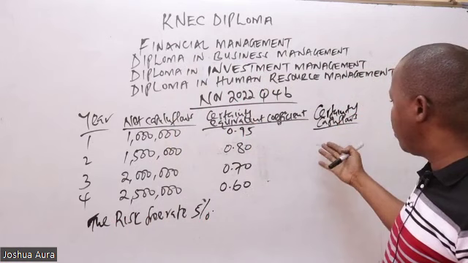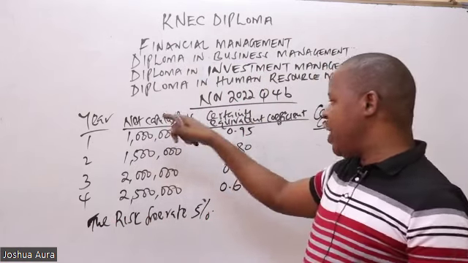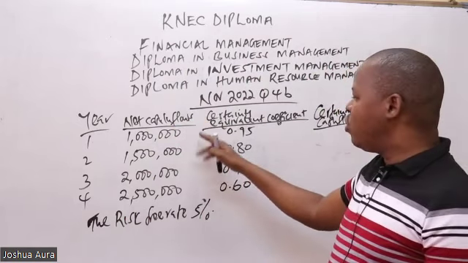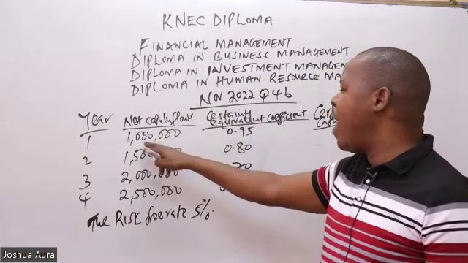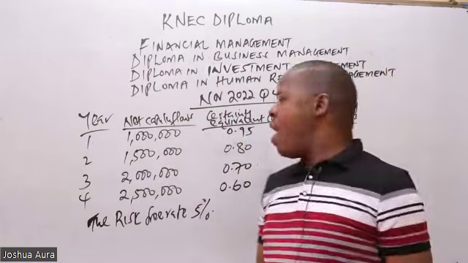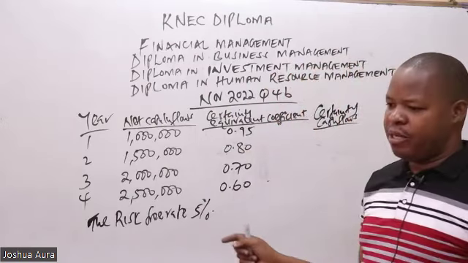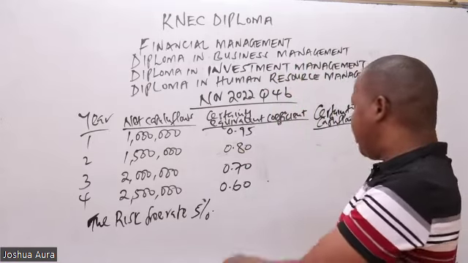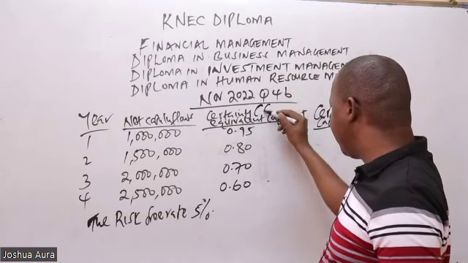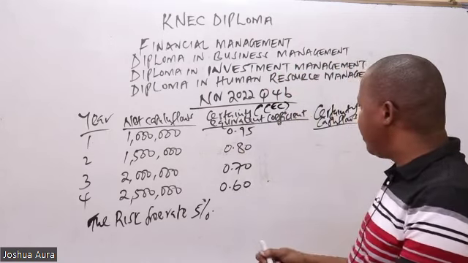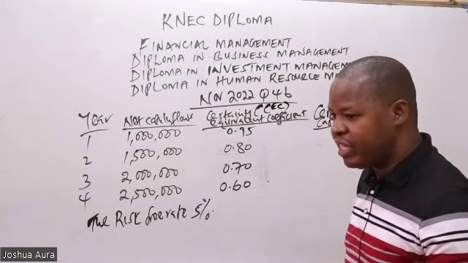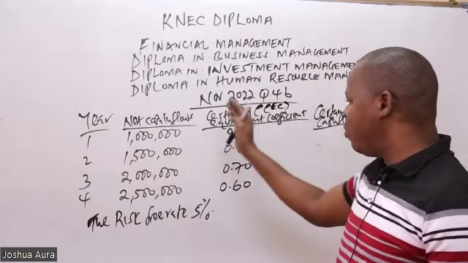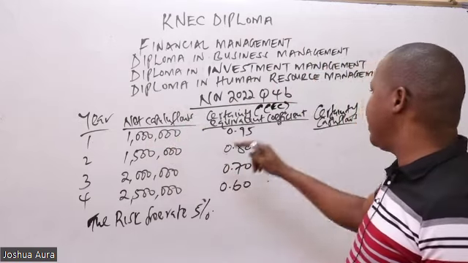We are going to get them by taking the cash inflows, the historical, that is the original, then we multiply them by the certainty equivalent coefficient, in short CEC. So we take the cash inflows times the certainty equivalent coefficient.